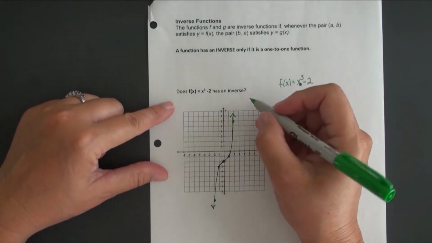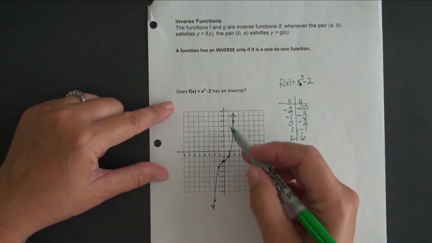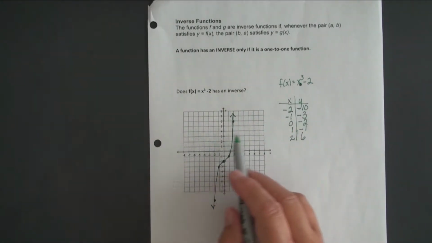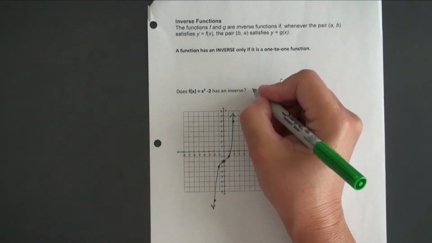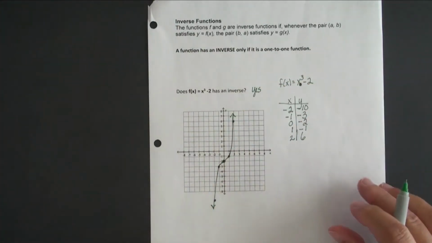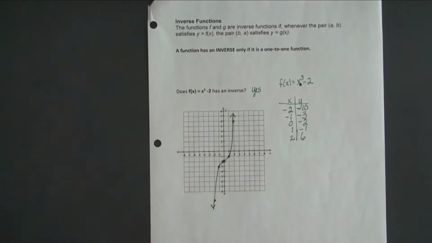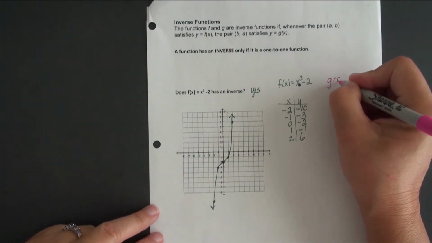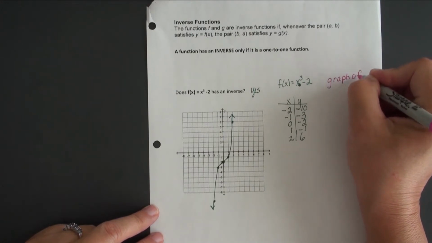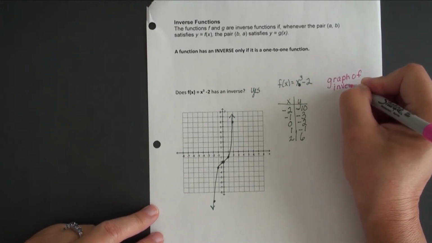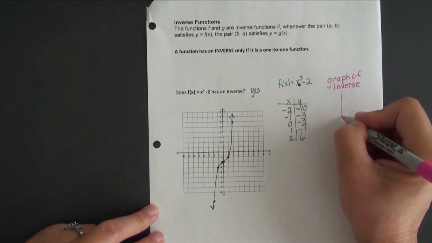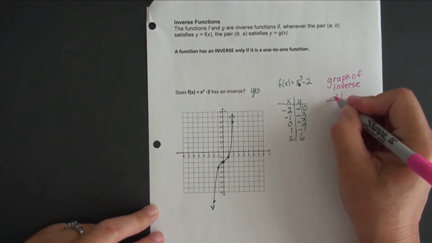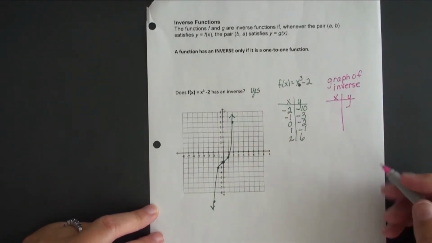Yes, it does, because it passes the vertical line test and it passes the horizontal line test. So if it has an inverse, we will be able to graph it. Now I'm going to graph the inverse.